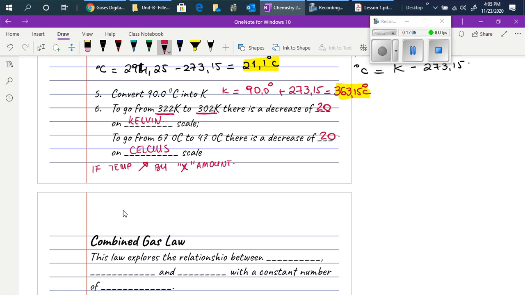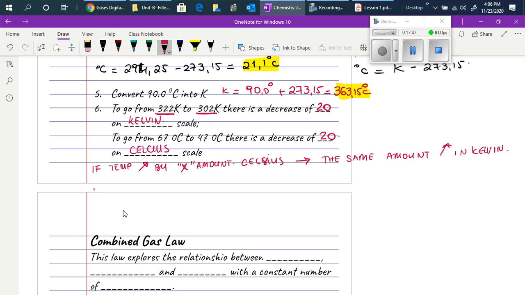If it is increased by X amount in Celsius, it will be the same amount of increase in the Kelvin scale. So an increase of 15 in Celsius will be reflected as an increase of 15 on Kelvin.